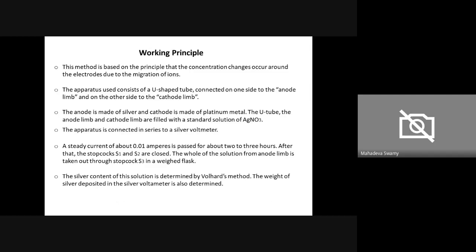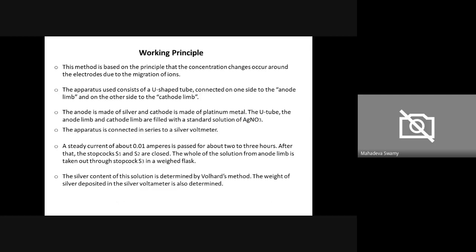So in the complete setup, the work is very simple. You take standard AgNO3 solution and fill both the anode limb and the cathode limb, and then pass 0.01 ampere current for 2 to 3 hours continuously. Next, you close the stopcocks S1 and S2.